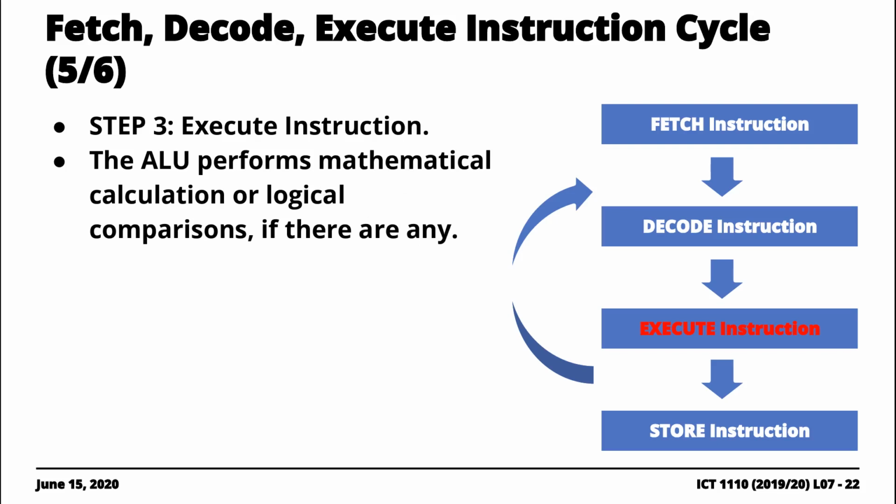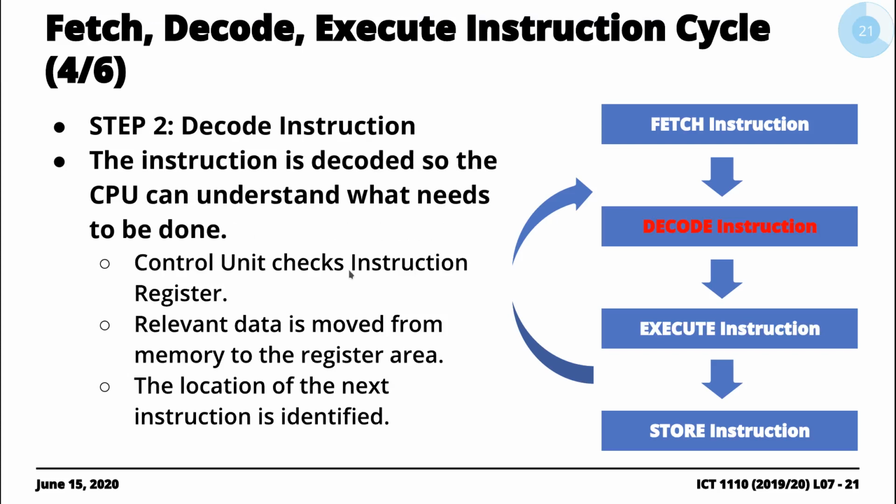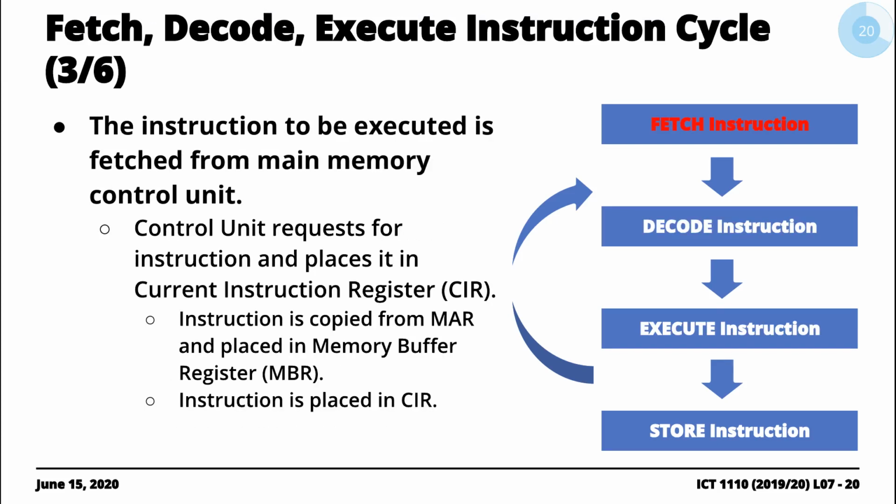Now, granted, we are abstracting a lot of things here, because the decoding process, or rather the cycle itself, depends on whether the operation is an add, a subtraction, or a logical operation, and the different hardware components on the central processing unit involved in the cycle depend on the type of instruction. But for now, we are abstracting all of those things, leaving the detailed discussion for later during the computer architecture component of the course.